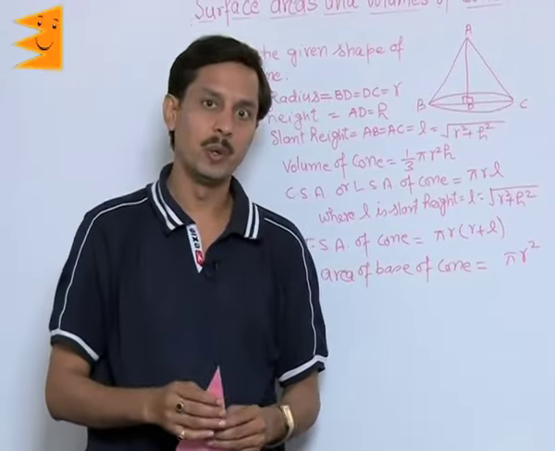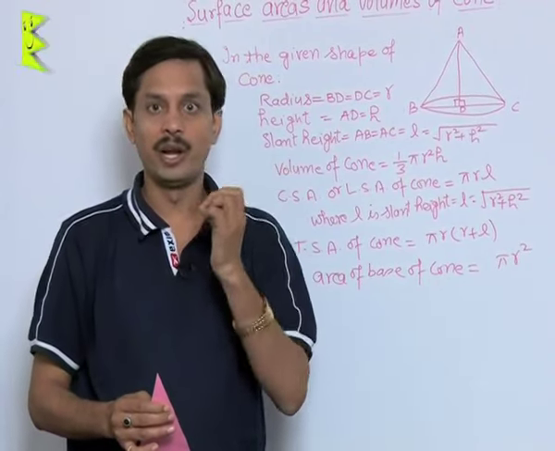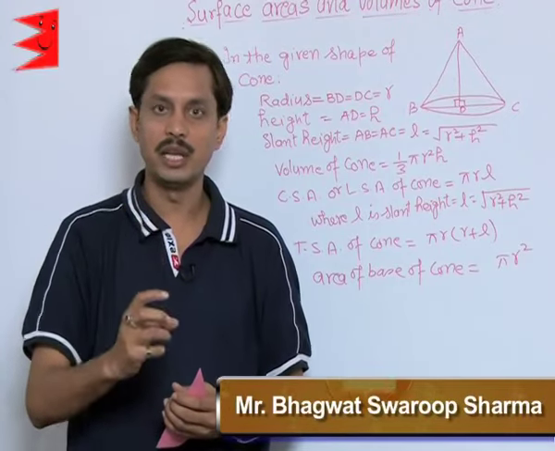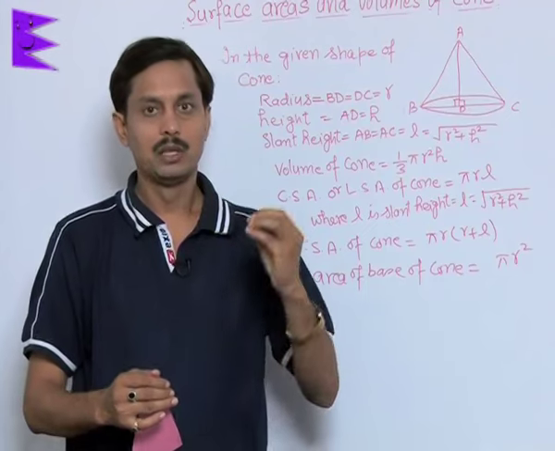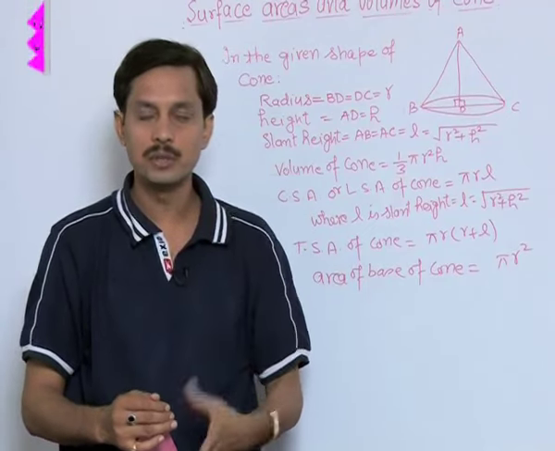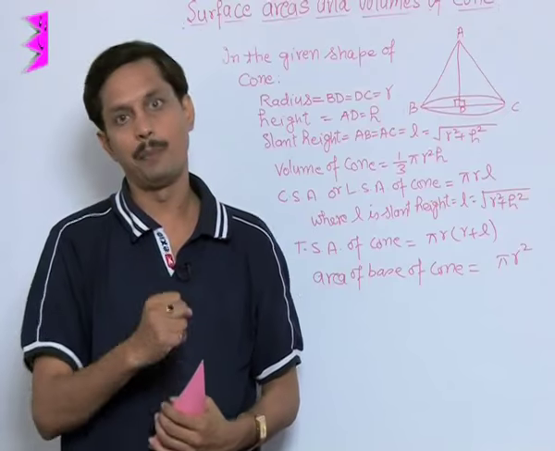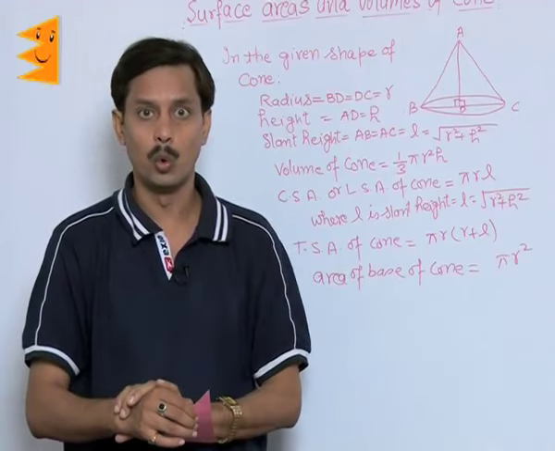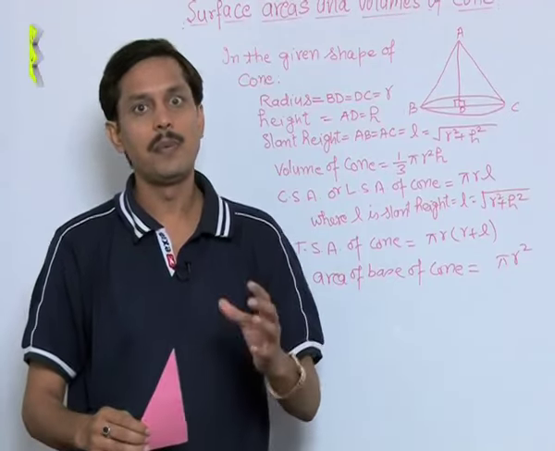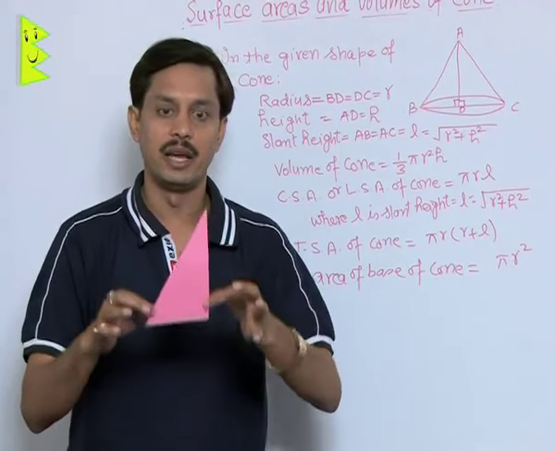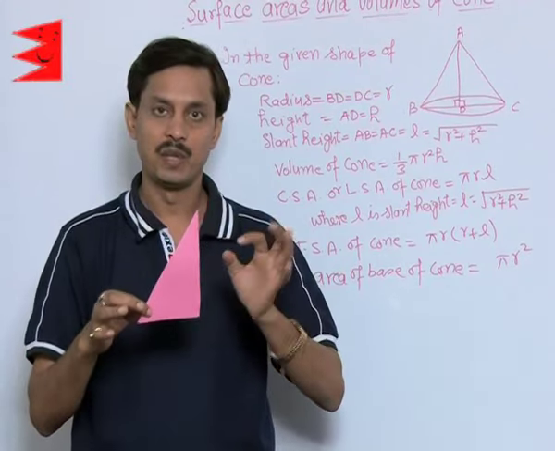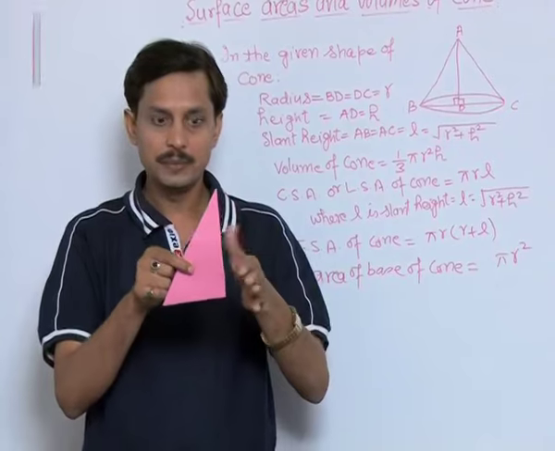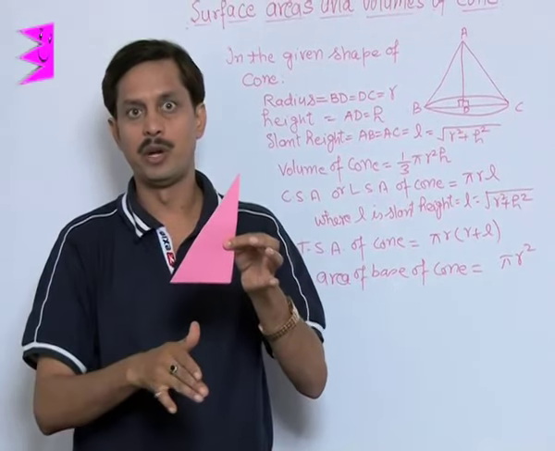Now I want to explain to you one important component of our mensuration, that is the volume and surface areas of a cone. The first thing: how does a cone form, and what is the easiest approach so that we can explain the formation of the cone? The important part is, if I have a right angled triangle as I am showing you here, the three sides of a right angled triangle are called base, perpendicular, hypotenuse.